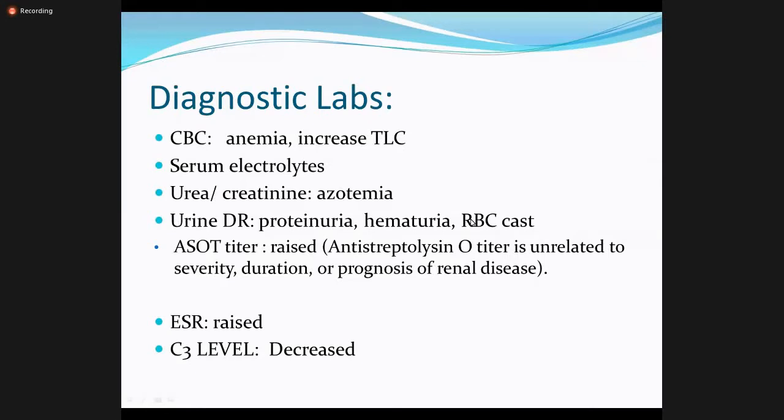So the basic diagnostic test is urine DR showing proteinuria, hematuria, RBC or glomerular casts, and decreased C3 level. To support post-streptococcal glomerulonephritis, the ASO titer may be raised. Other labs like CBC, electrolytes, and urea are only supportive investigations.